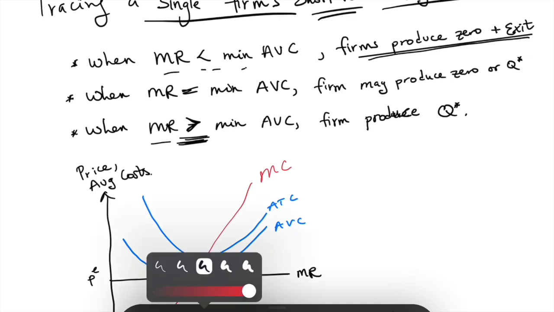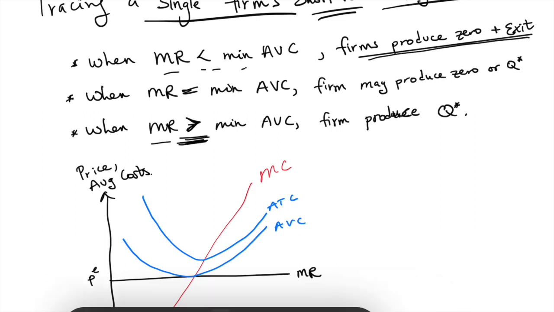I'll show that in red and I'll make the line really thick. When marginal revenue is above the minimum of the average variable cost, produce Q star. So this thicker part of the marginal cost will be the short run supply curve when marginal revenue is above the minimum of the average variable cost.